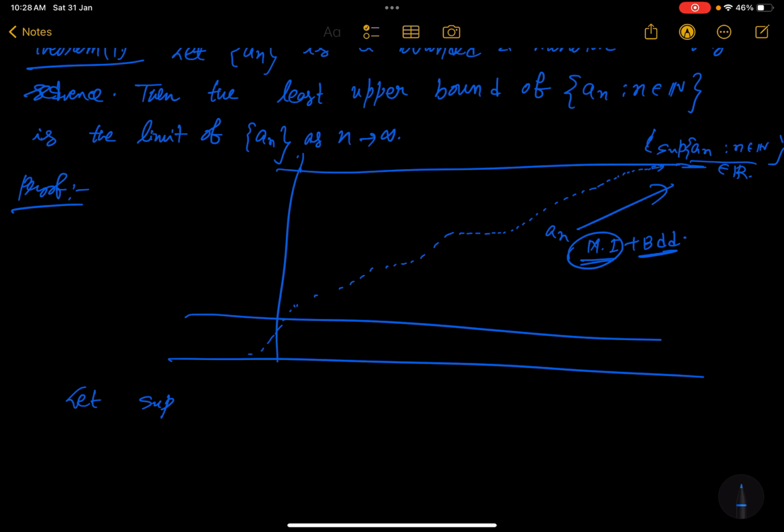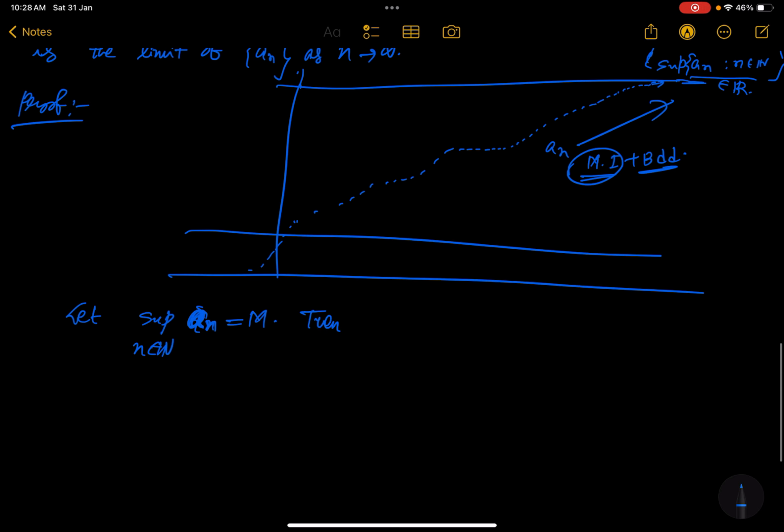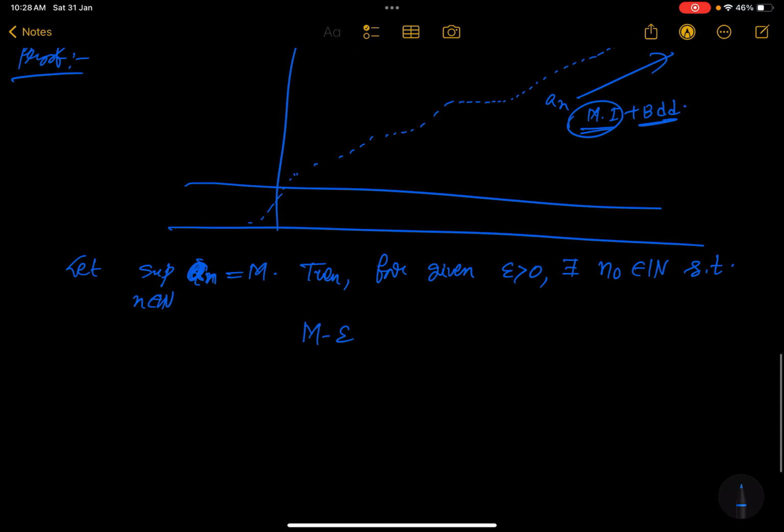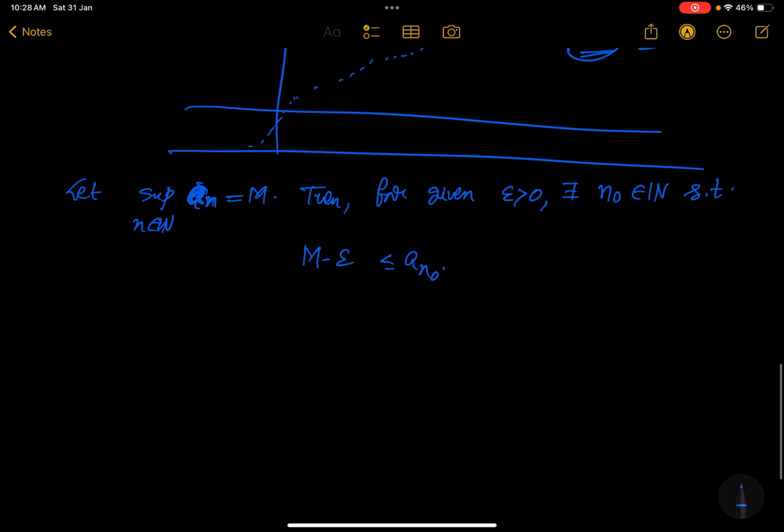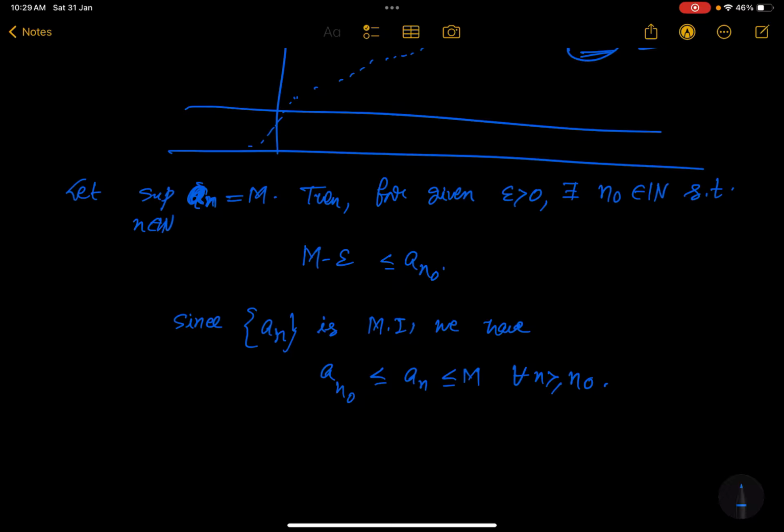Let M be the supremum of a_n such that n belongs to N. Then, given epsilon bigger than 0, there exists an n_0 such that a_{n_0} is close to M. Since a_n is monotonically increasing, we have a_{n_0} less than or equal to a_n less than or equal to M for all n bigger than or equal to n_0.